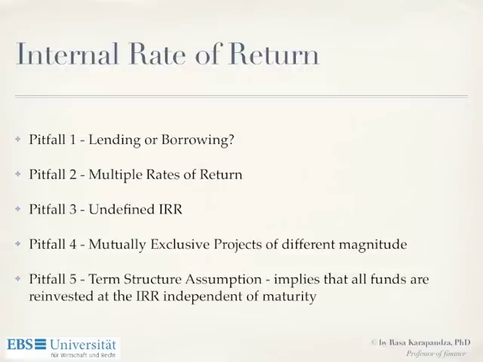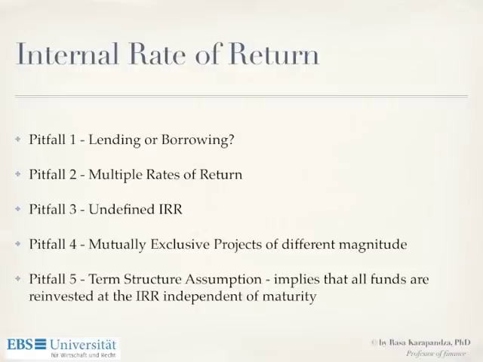Now, problem number 2 with the internal rate of return, we said, is that the same cash flow stream might have multiple internal rates of return. And we said, as many switches in sign as we have, that many internal rates of return a cash flow stream will have.